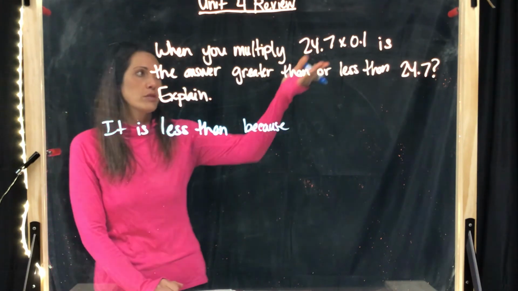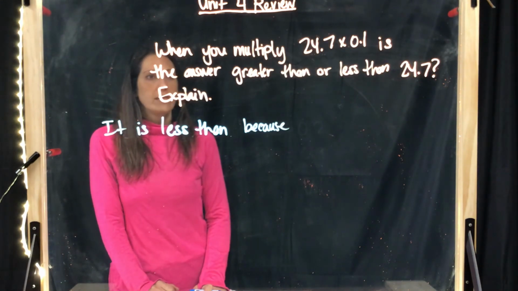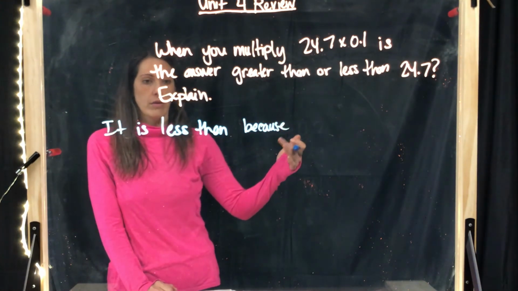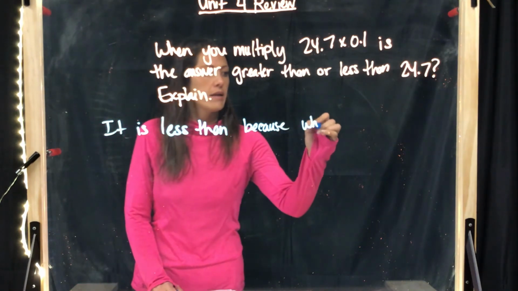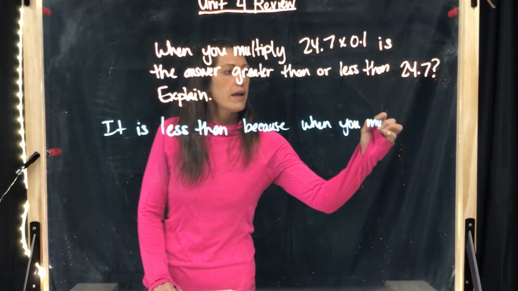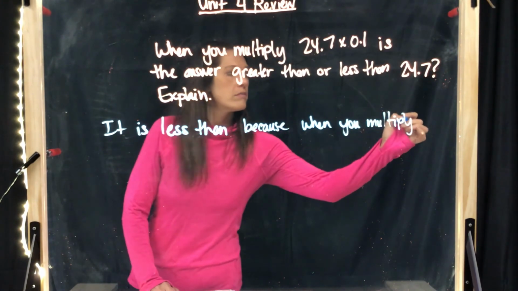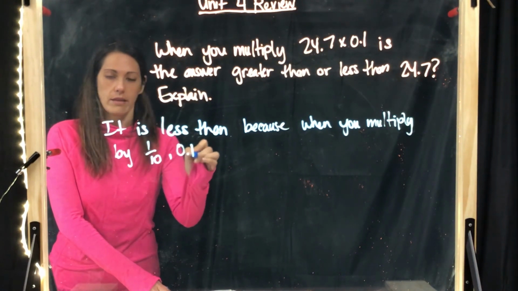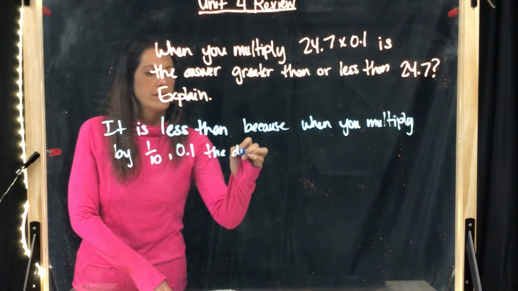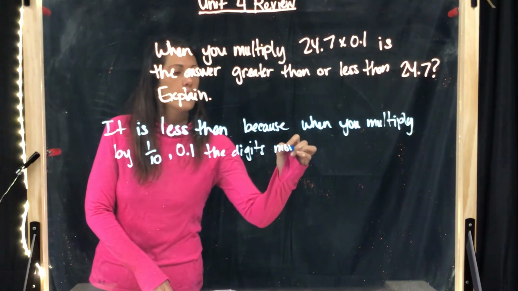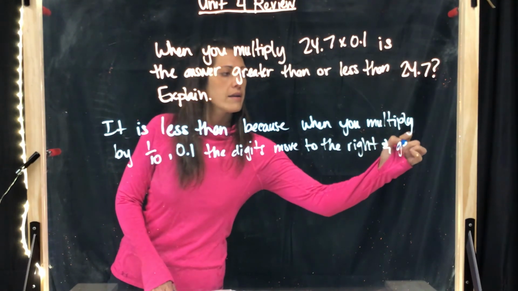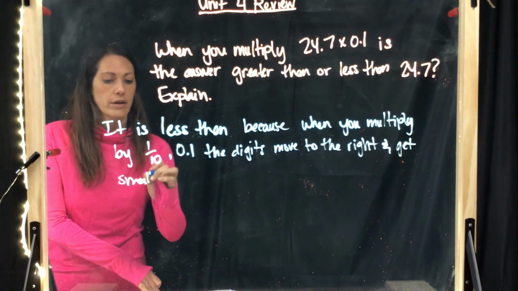It is less than because, and there's a couple of things you can put here. You can say when you multiply by 1/10, you know that the digits shift to the right because they become smaller, okay? So it is less than because when you multiply by 1/10, the digits move to the right and get smaller, okay?